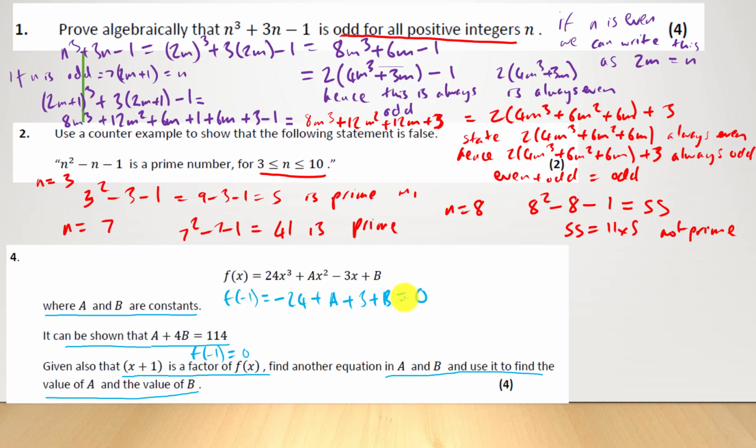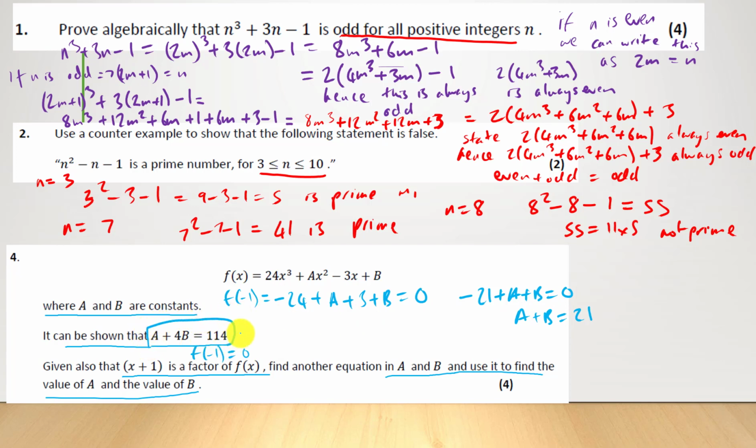Let's just earn some method marks and work our way through this solution. So we're going to get minus 21 plus a plus b equals 0, so we get a plus b equals 21. Wow, we've got two unknowns, so we can't find a or b, but what information have they given us?